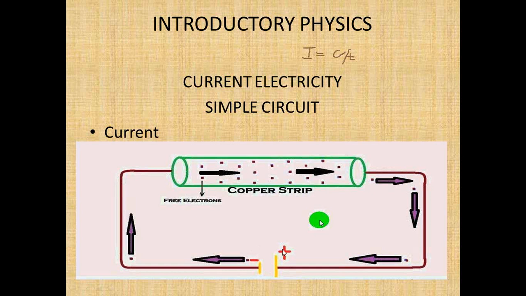By convention, the current is going to flow from the positive terminal to the negative terminal, but the electrons actually flow in the opposite direction. The electrons are going to flow from the negative terminal to the positive terminal. Okay? Remember that.